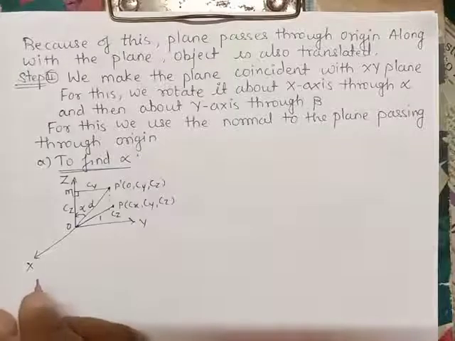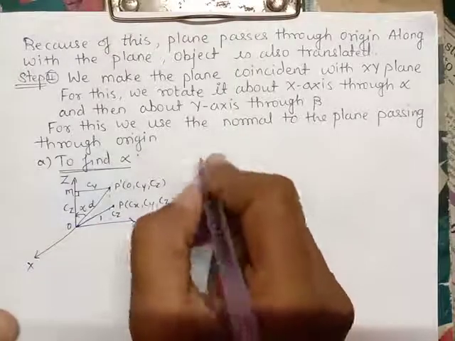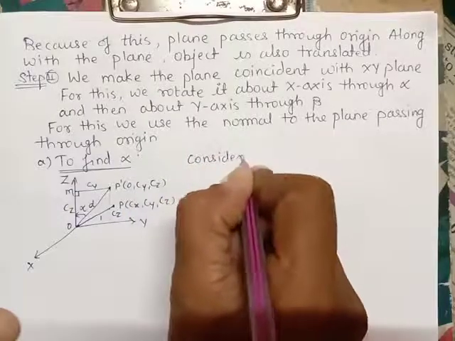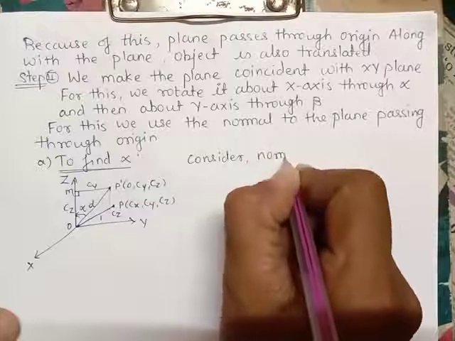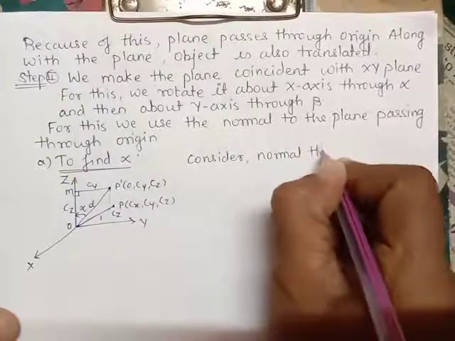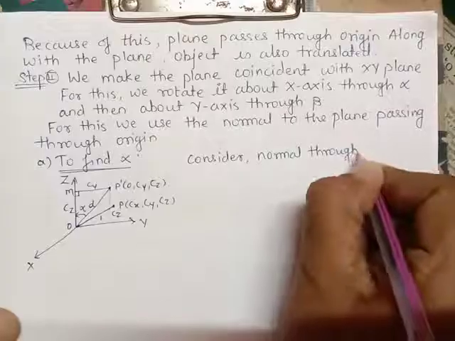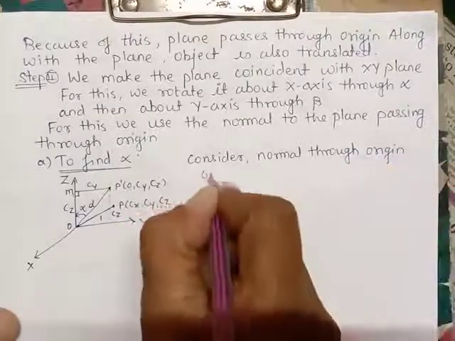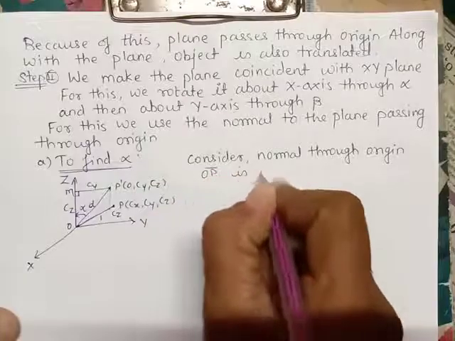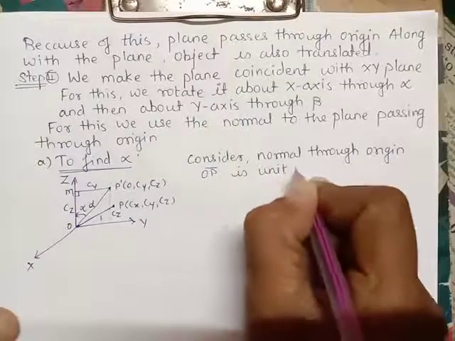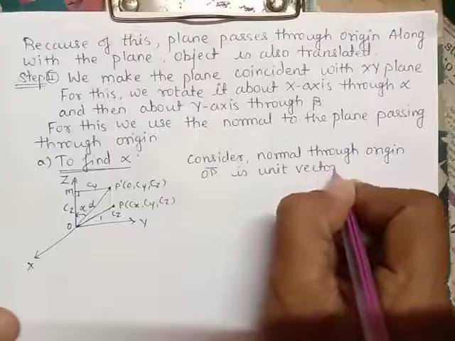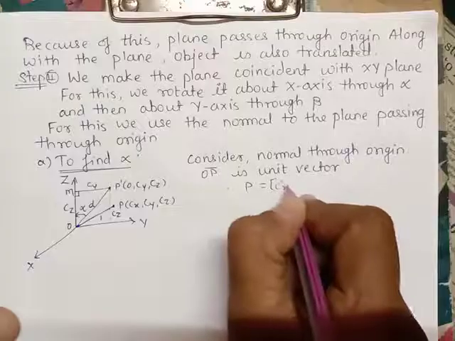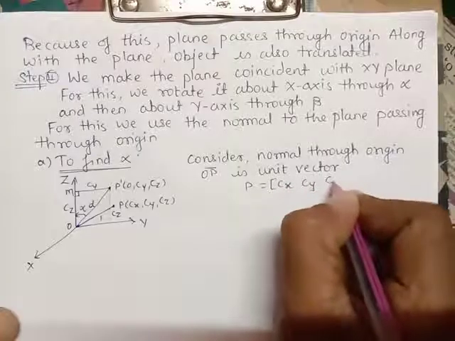Now consider the normal through origin. OP bar is a unit vector. Therefore, P is what? Cx, cy, cz.